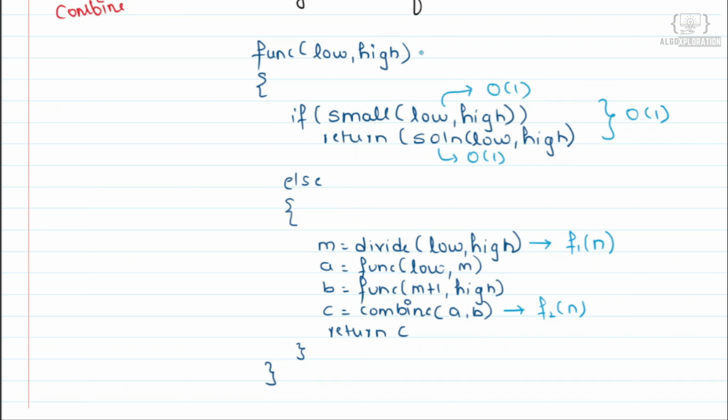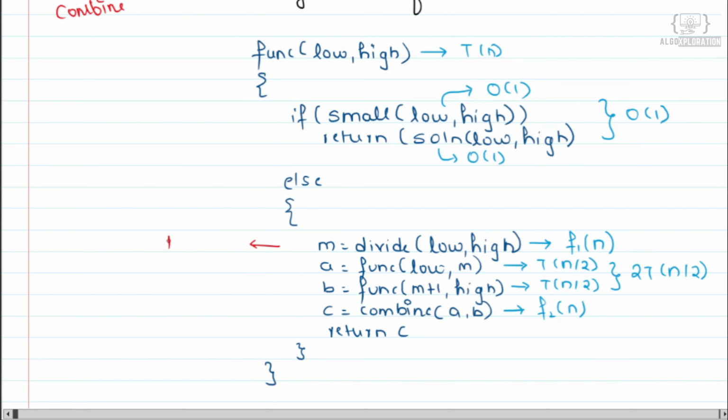Now if this takes T of n, then this line will take T of n by 2, because we are dividing into n by 2. Here also T of n by 2. So combining these two, we'll get 2T of n by 2. Now let's see what is divide, conquer and combine. This is divide.